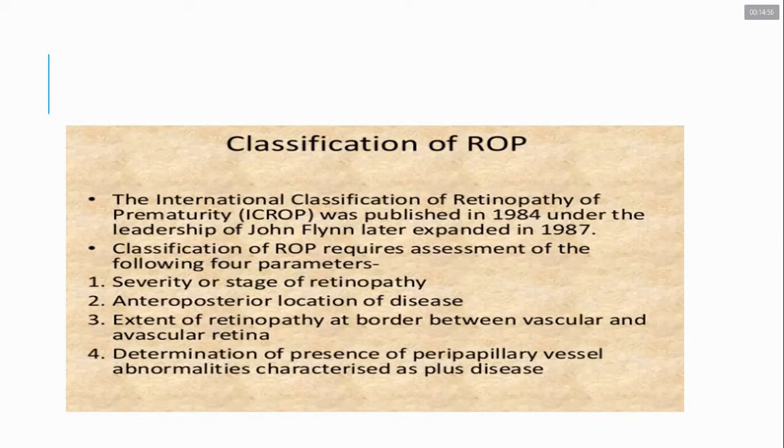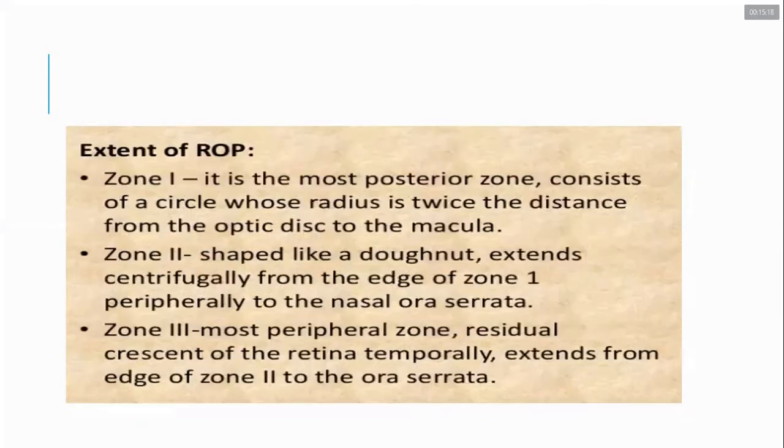So the site, where the disease is located or where the changes in the retina are. And the extent of retinopathy at the border between the vascular and avascular retina. So what is the extension? And determination of the presence of peripapillary vessel abnormalities, characteristics of past disease. So the extent of ROP is given as zone 1, zone 2 and zone 3.